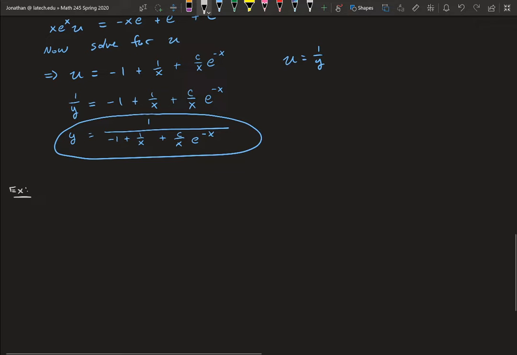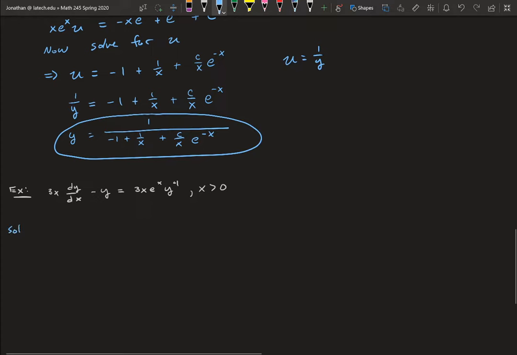Got one here: 3x dy/dx minus y equals 3x e to the x y to the 4, for x greater than 0. Again, no initial condition here, so don't worry about solving for plus c.